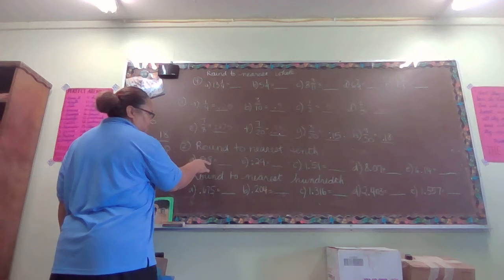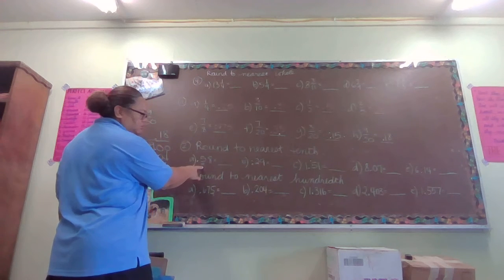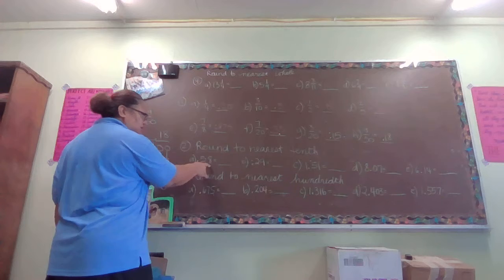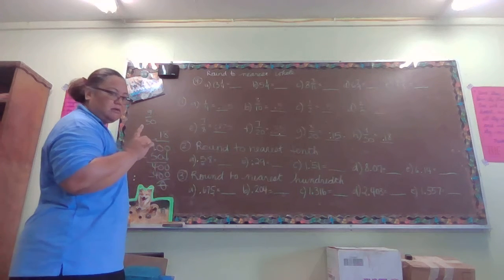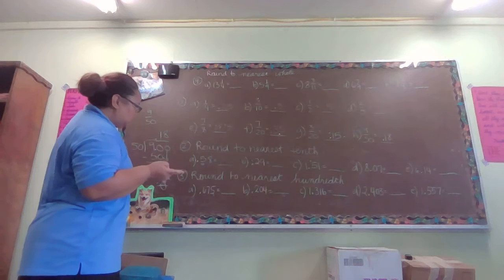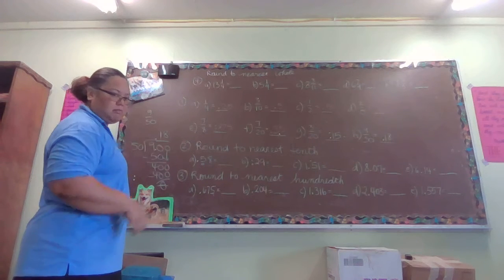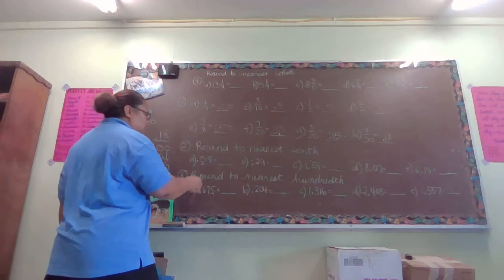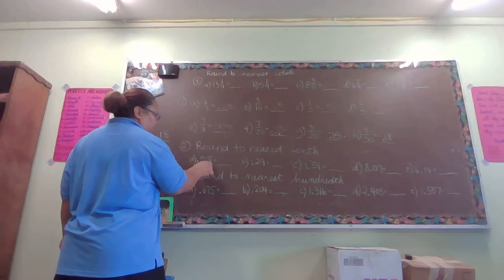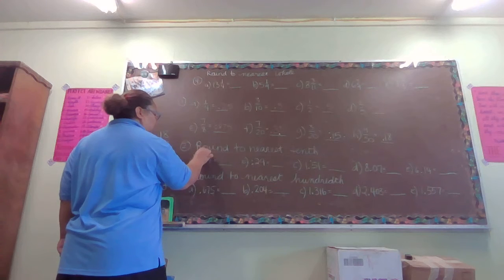So 0.58, 5 is in the tenth place, which means the determining digit is 8. And 8 is higher than 4. All right, 5 and up, round up. 0 to 4, round down or stay. So 8 is in the round up group.